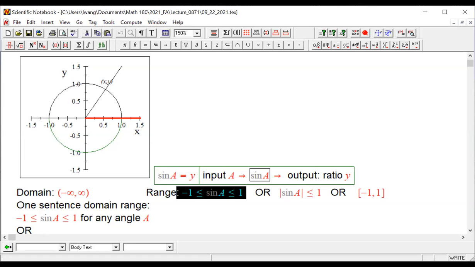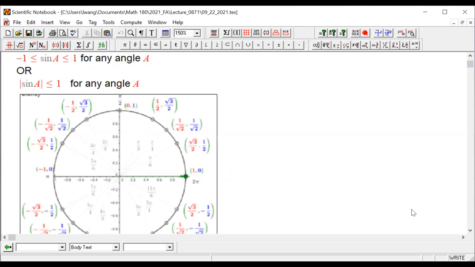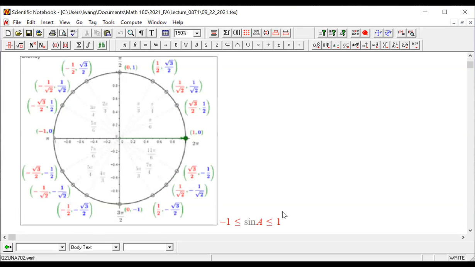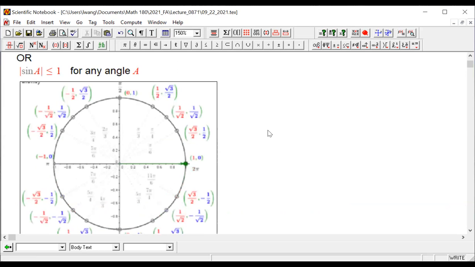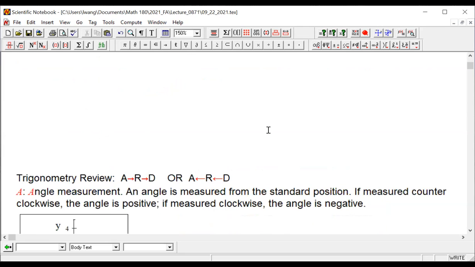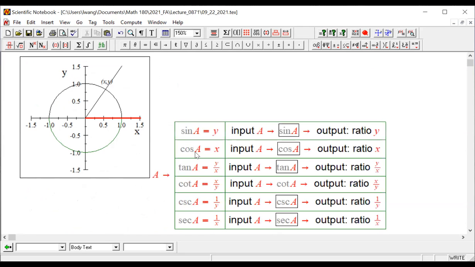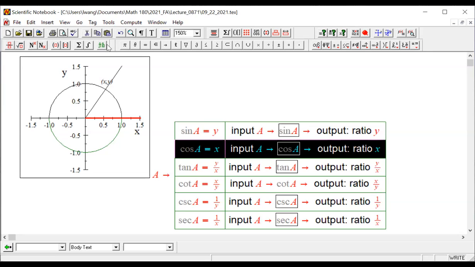Okay, so now let's look at cosine. Are you ready? If we look at cosine from the same place, we know we're going to use a unit circle, and we reflect on the definition. Where's our definition? Our definition is here.